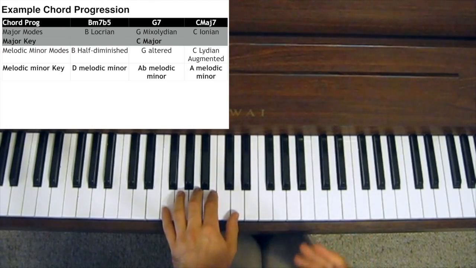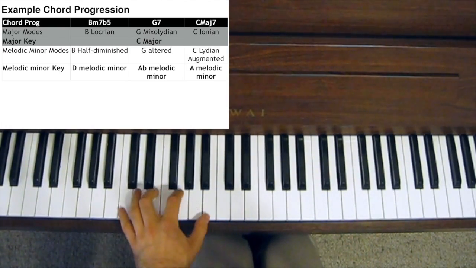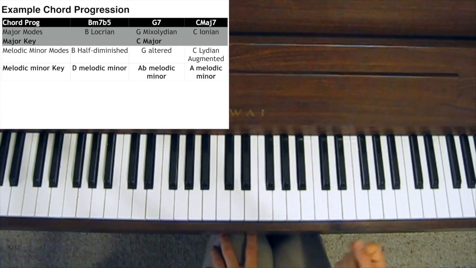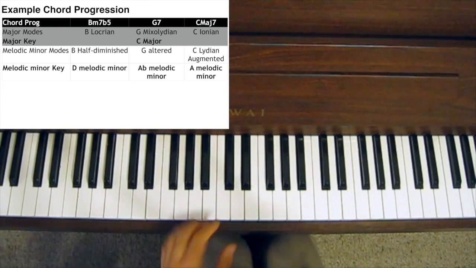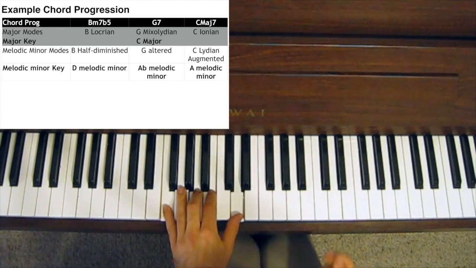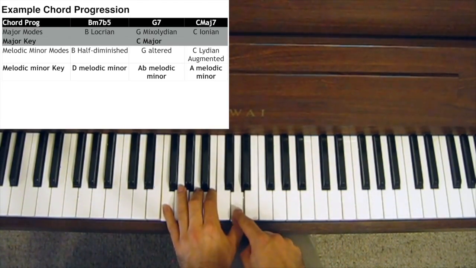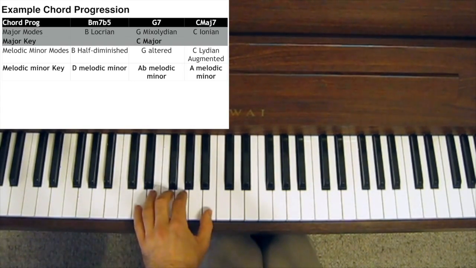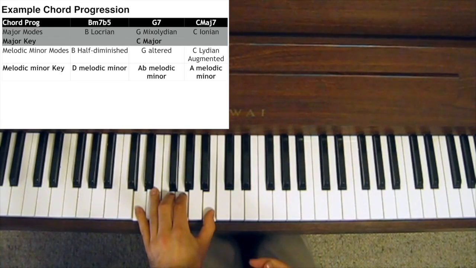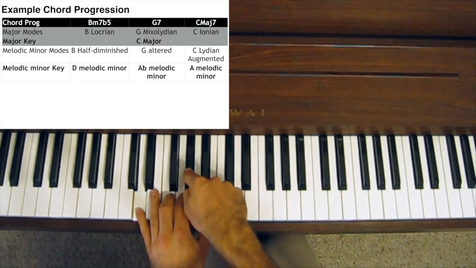So instead of that, over that same chord progression, you can substitute in modes derived from the melodic minor scale. So for example, over the B half diminished, you can use the B half diminished mode, which is derived from the D melodic minor. Over the G7, you can use the G altered mode, which is derived from the A flat melodic minor.